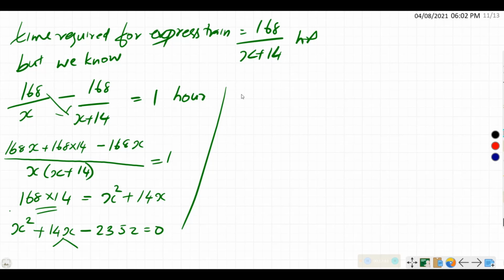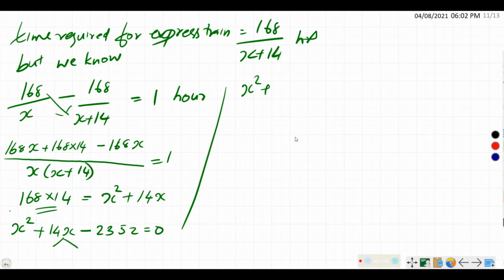We will write x square plus, instead of 14x, we will write the split of it, 56 and 42. 56 and 42 will help us to solve it.